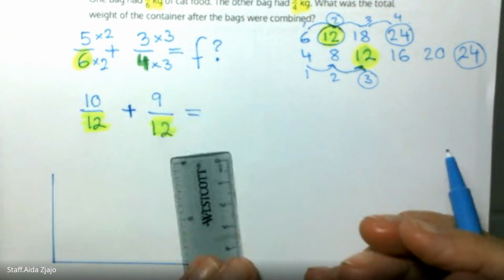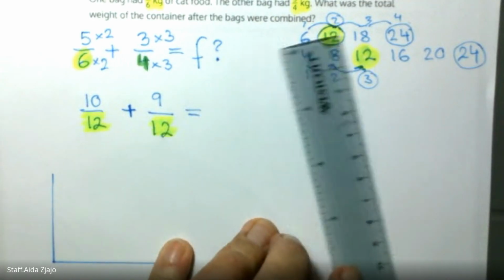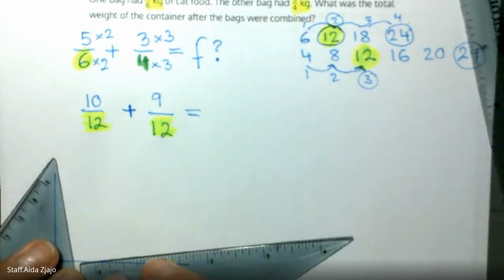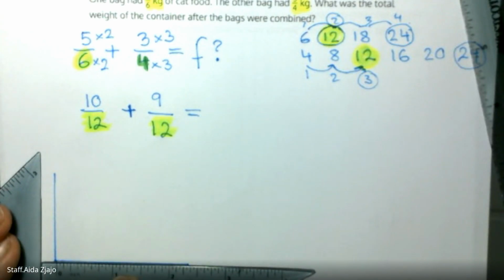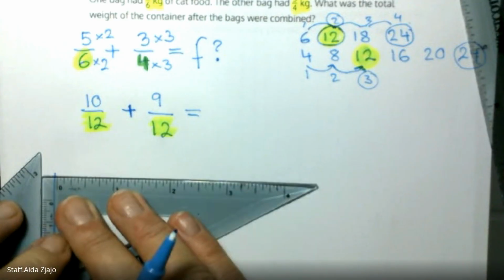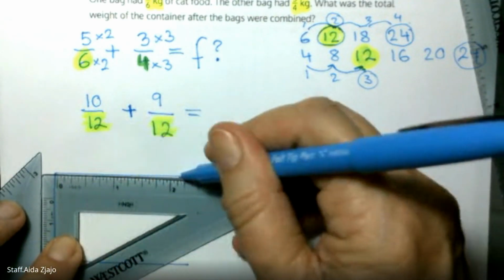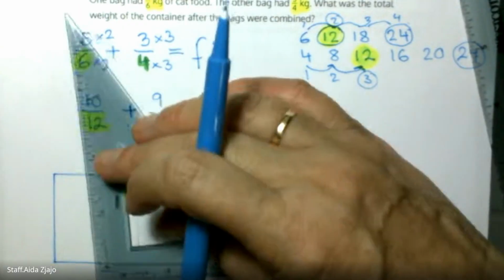When I do parallel lines, I use my little triangular ruler to make them. So I'm going to do that and create my rectangle.